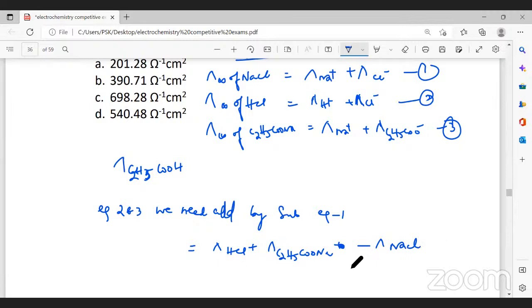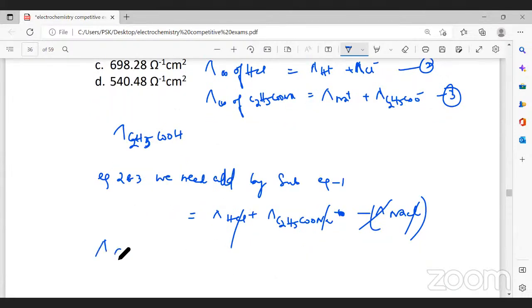See, this is a minus sign. Here, this Cl and this Cl will get cancelled. This Na and this Na also get cancelled. What else do you have? You have C2H5COO and you have H. So that's nothing but propanoic acid. So in order to get the molar conductance of propanoic acid, C2H5COOH, you have to add the HCl and the sodium propanoate and subtract the NaCl.